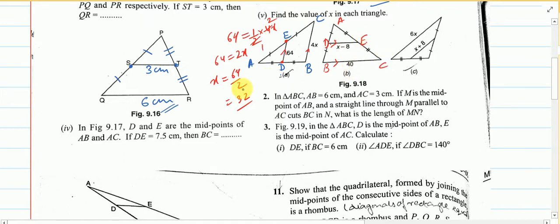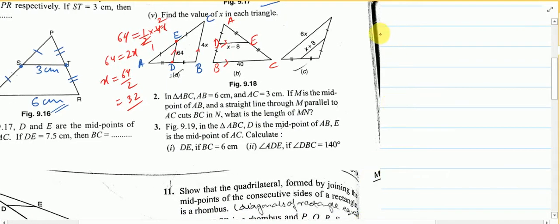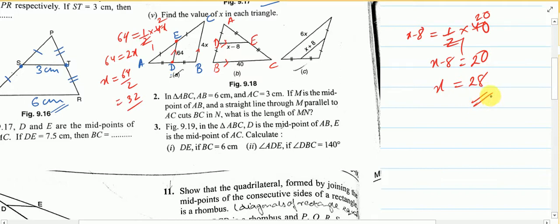Let me solve this side. So your DE, that is x minus 8, will be half of BC, meaning 40. So you are getting x minus 8 is equal to 20. So x is equal to 28. So you got this.